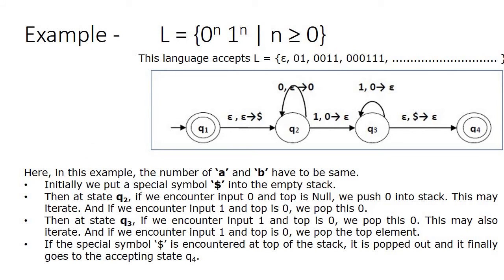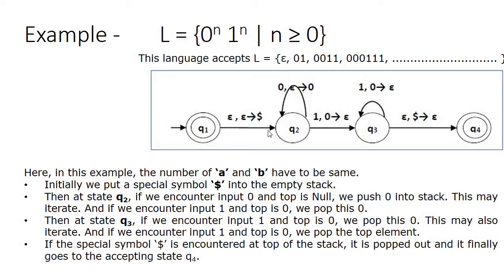For an example, we have a language of 0 to the power n and 1 to the power n, where n is greater than or equal to 0. So it accepts epsilon if n is equal to 0, or 01, or 0011, and 000111. So we can build up a PDA like this, where Q1 is the start state as well as the terminal state, because this machine accepts epsilon.